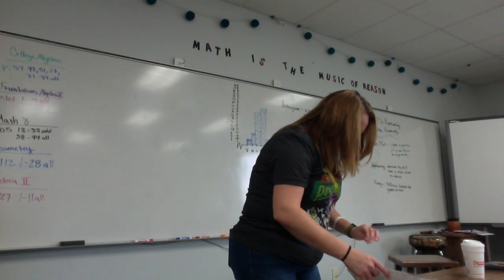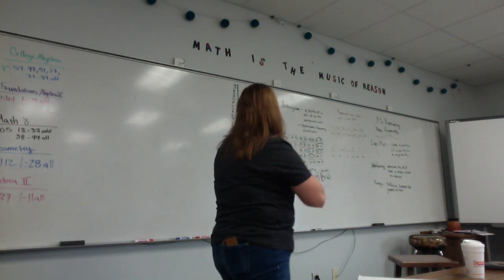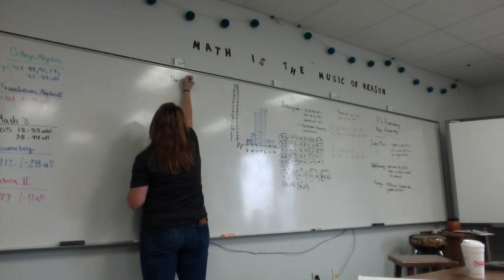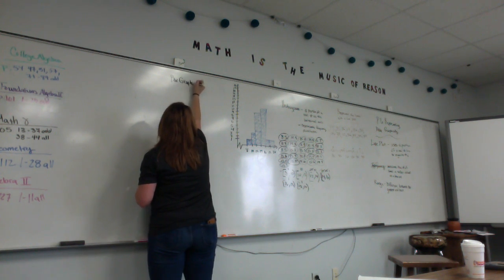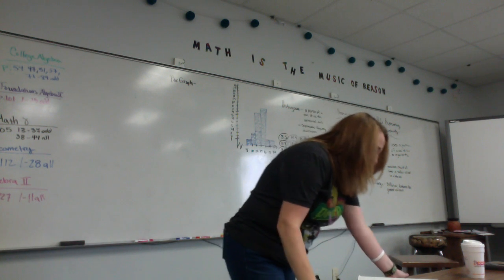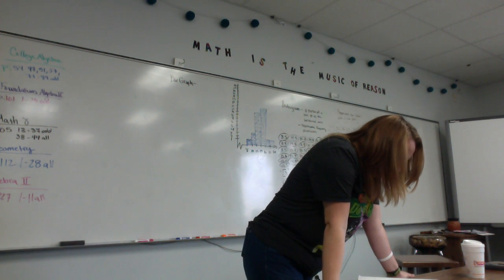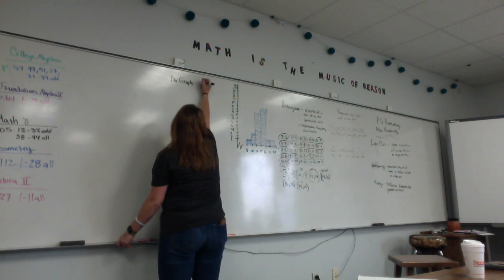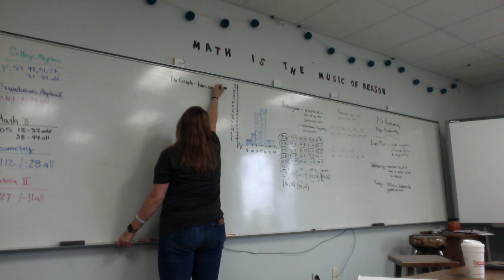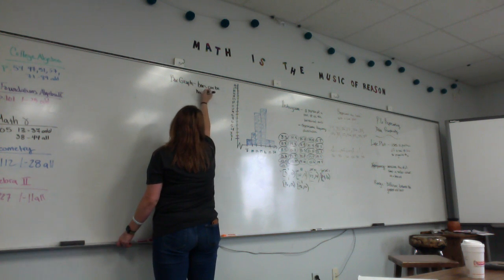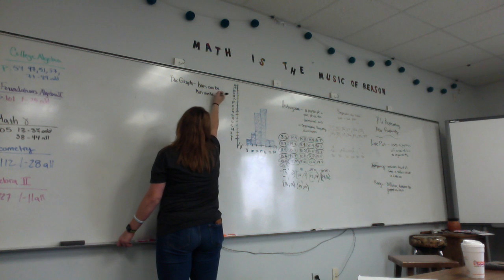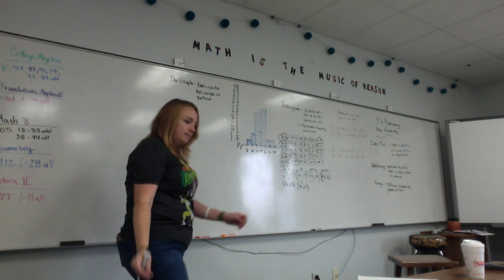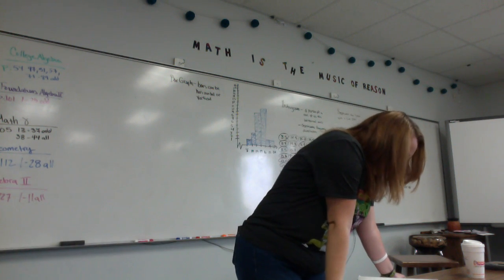And then you have something called a bar graph. Oh my gosh, this is so hard. A bar graph is similar to a histogram, except the bars can either be horizontal or vertical.